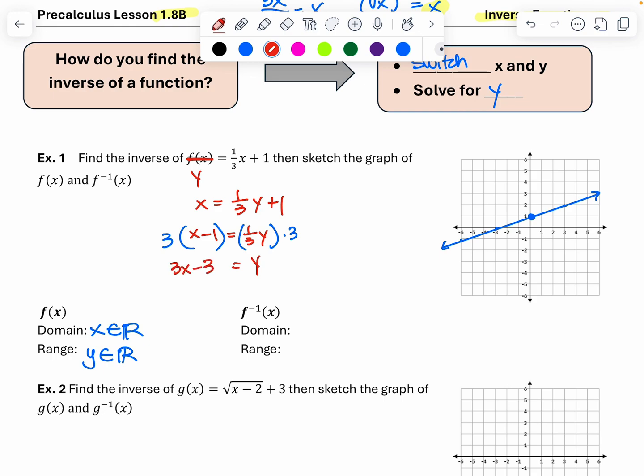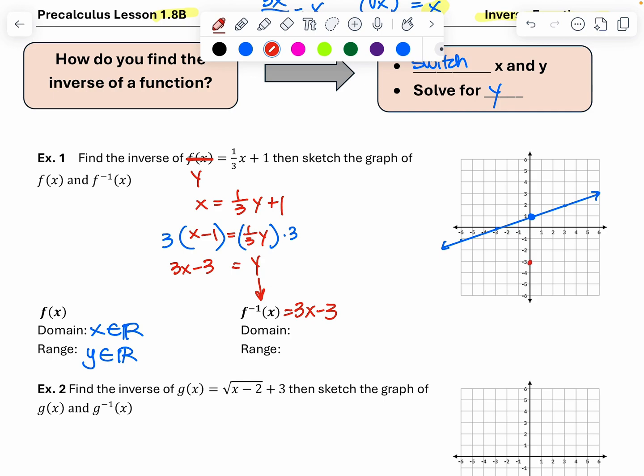Now I'm going to put it back into function notation. What we were finding was f inverse of x. You see that it looks like f to the -1, but what that means is the inverse of f, or f inverse, is 3x minus 3. If I go ahead and graph that, I know that's a line again.